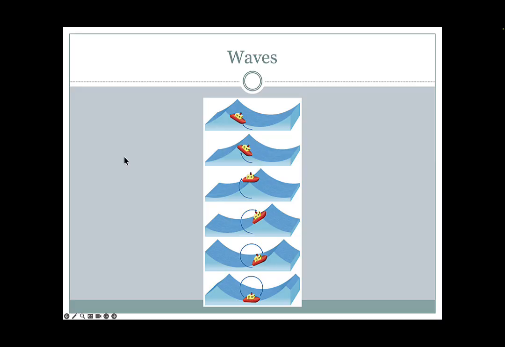So this would be a wave of oscillation. The wave is coming through, so we can see this crest of the wave is moving from left to right across this image here. But if we look at a point of water, or in this example here, this toy boat here, we would see that the toy boat is going to go up that wave as it moves in, and then it's going to go down the other side of the wave.